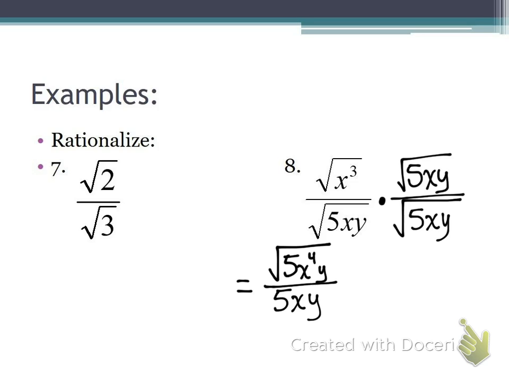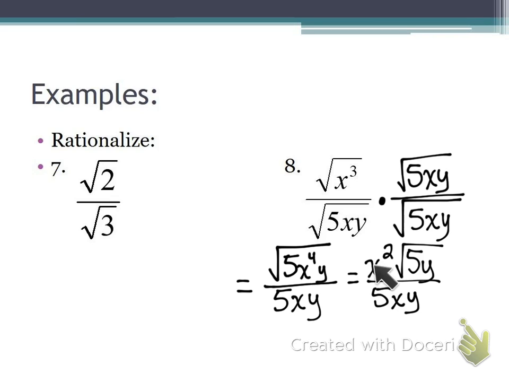But we can still simplify this just a little bit. In our numerator, what can simplify? The x. What's the square root of x to the 4th? x squared. Right, we got two groups of 2. So x squared times the square root of 5y all over 5xy. But now what can simplify, top and bottom?